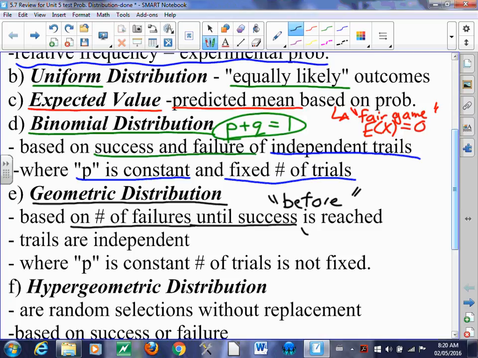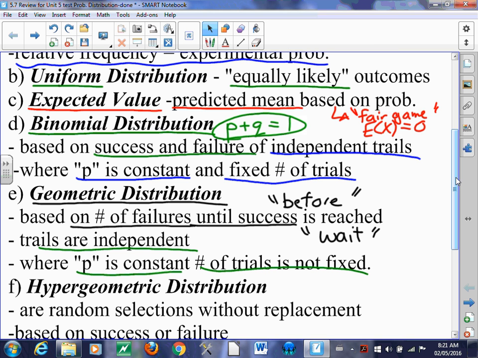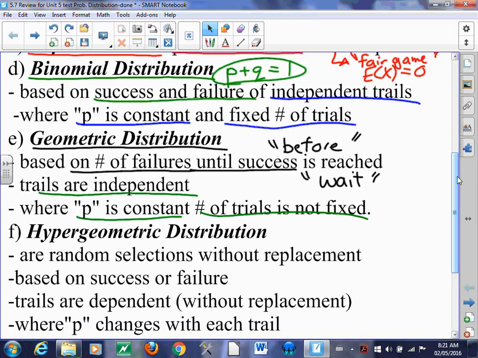Or how long did they wait until they reached success, so wait or wait times. Again, trials are independent, which means p is constant, and the number of trials is not fixed, because success occurs whenever they tell us that.